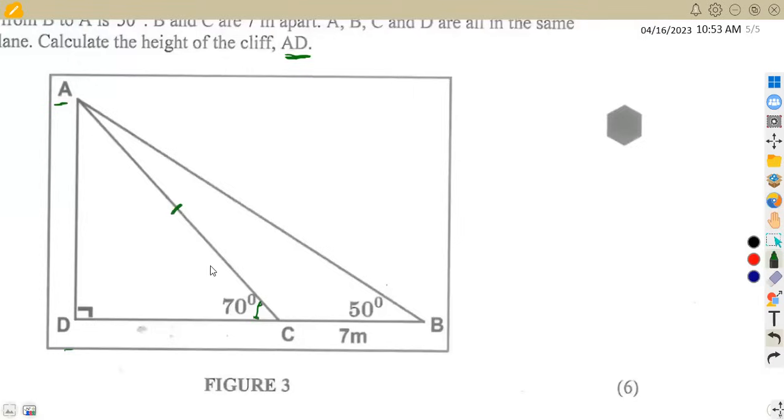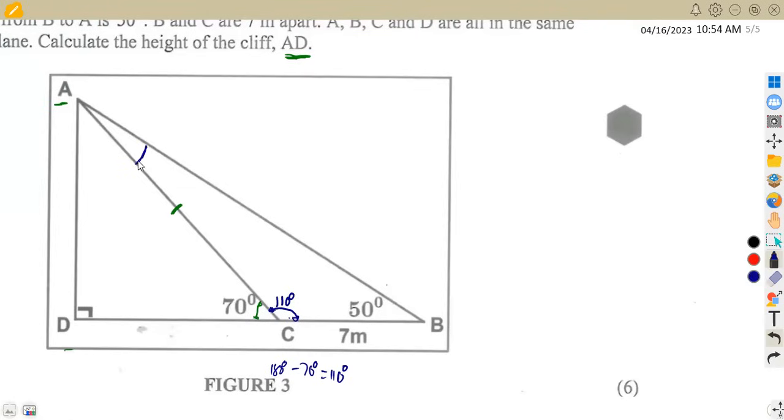All right, so in this case, how can we do so? Let us find this angle. Remember, angles on a straight line add up to 180. So this angle of 70 and this angle here should give us 180. To find this one, we subtract 70 degrees from 180, which is 110 degrees. So this is 110 degrees.